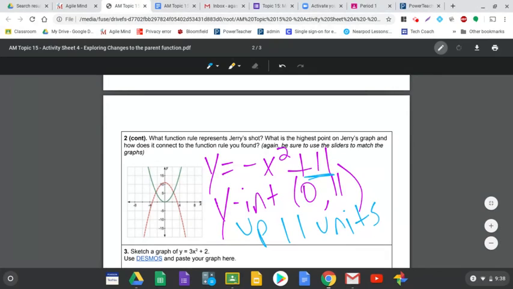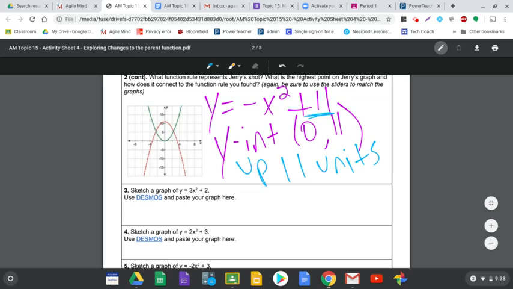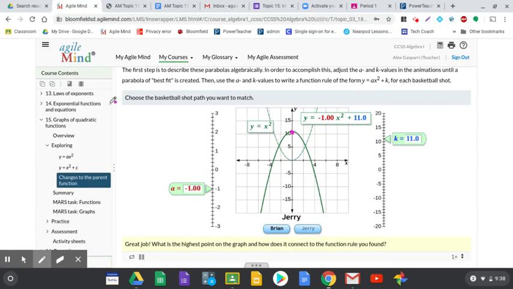Okay, so most of this so far hopefully sounds familiar. The next thing we want to do is sketch a graph of y equals 3x squared plus 2.